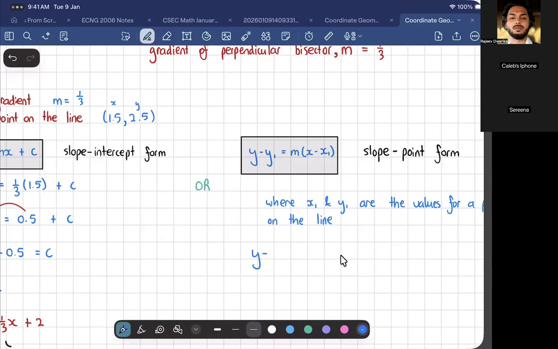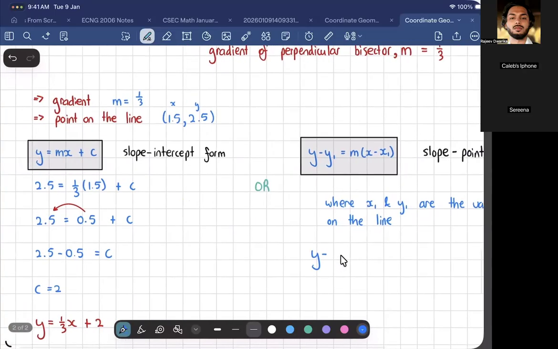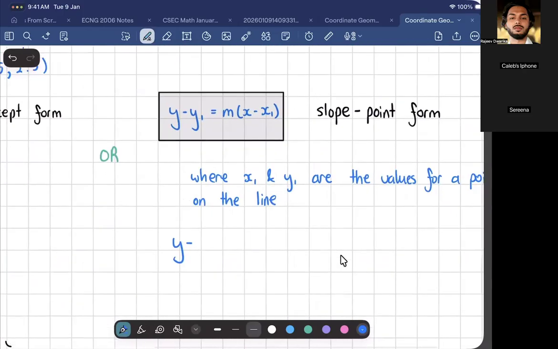Right here in front of your eye. One third? No, that's the gradient. I'm asking you for the values for the point on the line. 2.5. Right. That is 2.5. So it's y minus 2.5.